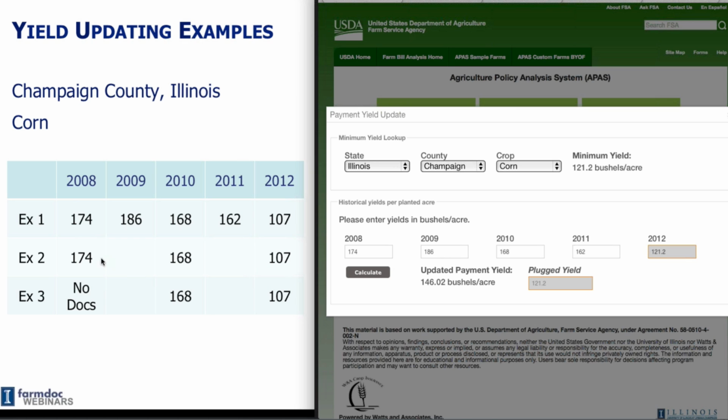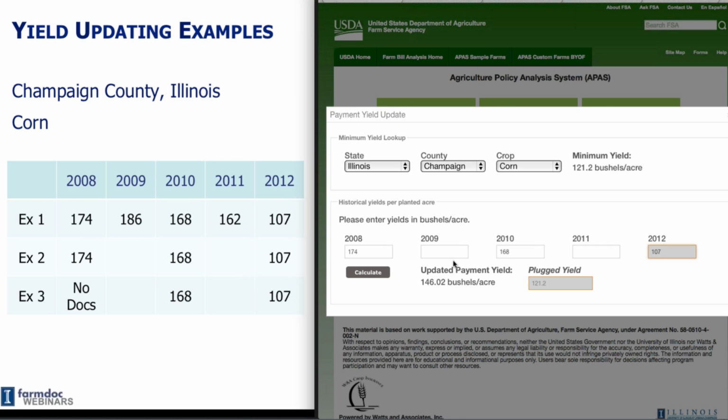Example 2 here, by the way, we don't have the yields for 2009 and 2011. This might be a 50-50 crop rotation situation. If we don't have any planted acres, then there will be no yields for those years.